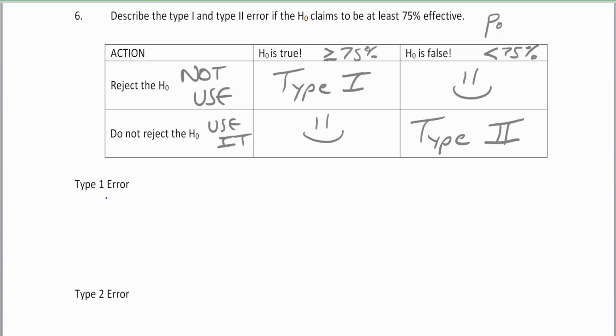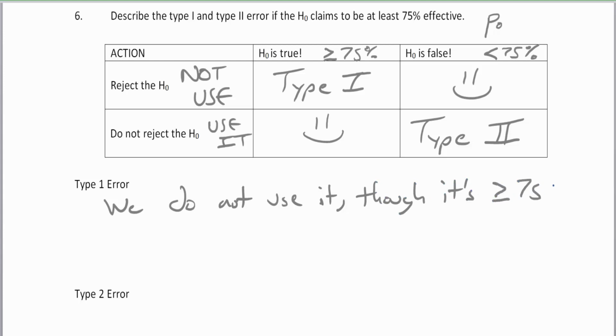So our type 1 error is we do not use it, though it's greater than or equal to 75% effective. So we should have used it, but we didn't. That's a type 1 error, and that's what we're going to be checking against with our alpha.